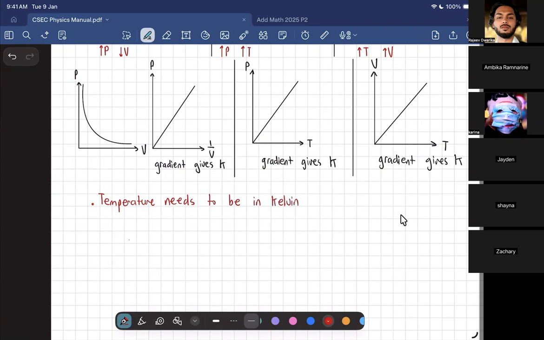And to get Kelvin, I need to add degrees Celsius to what? 273, right? Great.